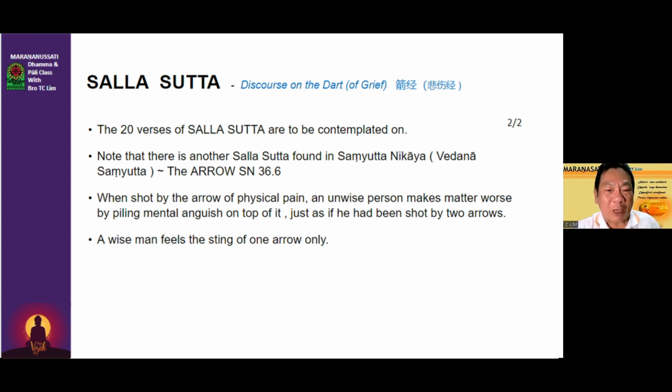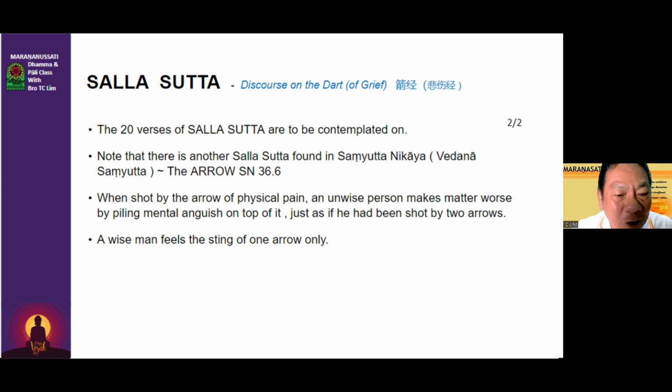This one is where we often say that there can be physical pain, but there must not be mental pain. Very often a lot of Buddhists say there can be physical pain, but there should not be mental pain, referring to this Salla Sutta in the Samyutta Nikaya. When shot by the arrow of physical pain, an unwise person makes matters worse by piling mental anguish on top of it, just as if he had been shot by two arrows.